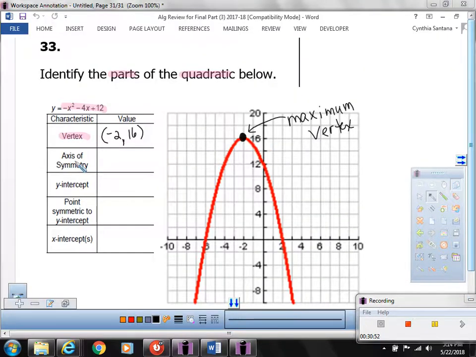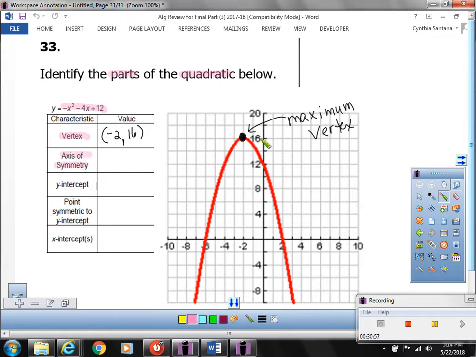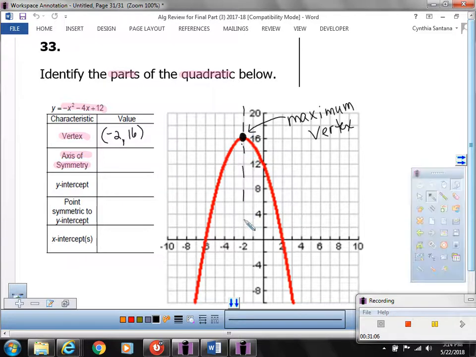Next question, what's your axis of symmetry? Okay, axis of symmetry is that dotted line that would split this right down through the vertex. So it always goes right through whatever vertex it has. But it's this line here that we need to find the equation for.